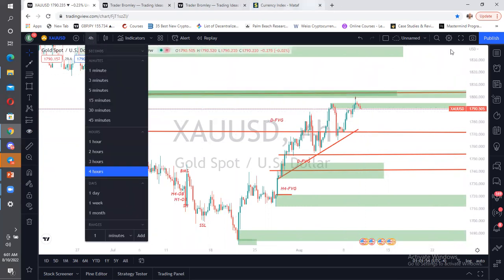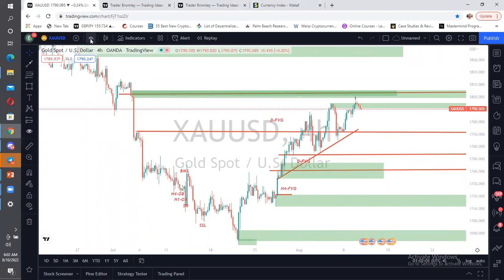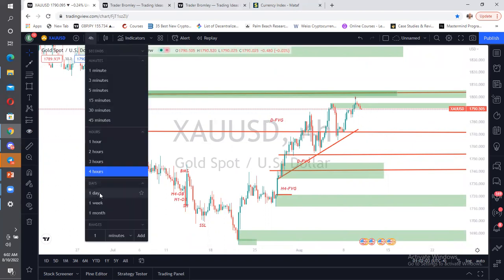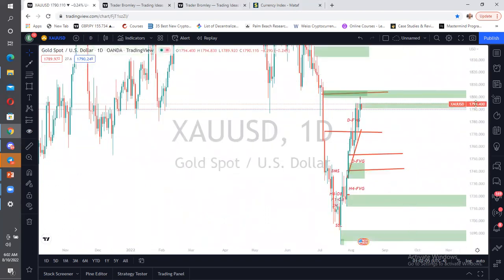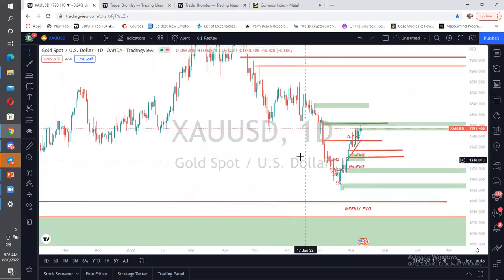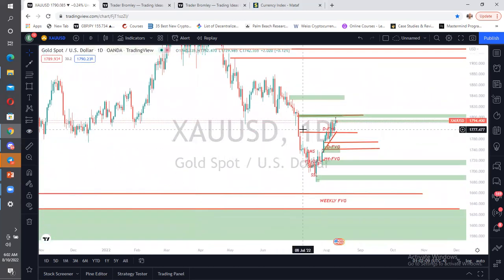I'm going to check something on daily. Good. So here we'll have a kind of a cycle range here, and market broke out of the cycle range through this particular one, and then began to trade back into this particular range here.